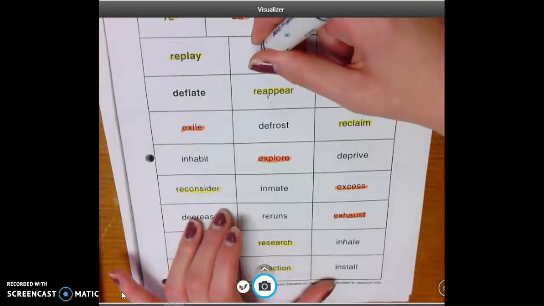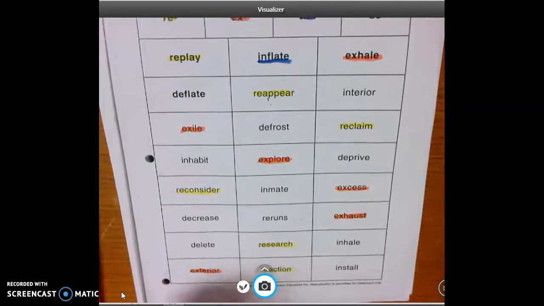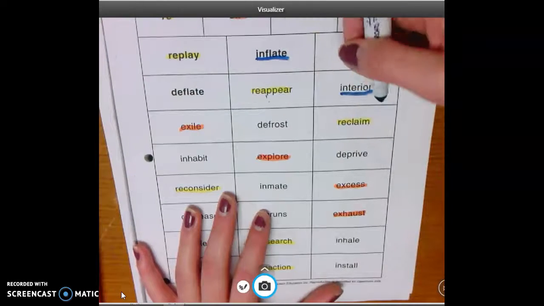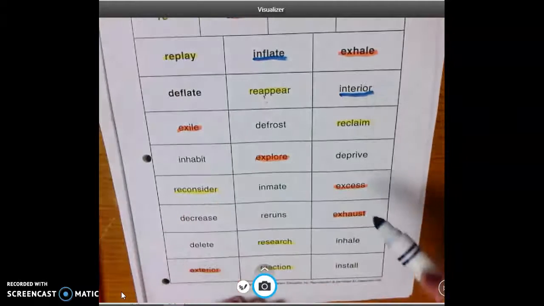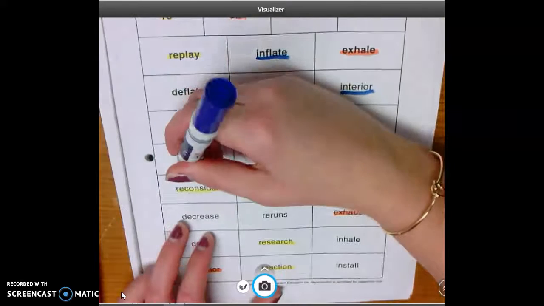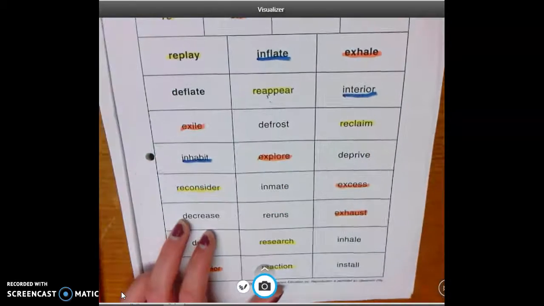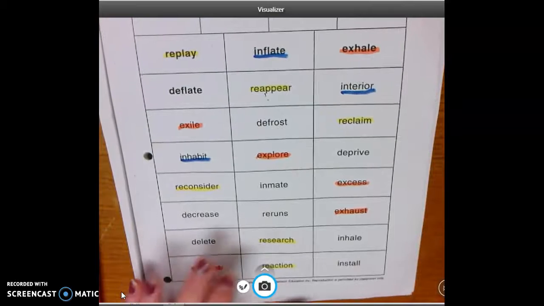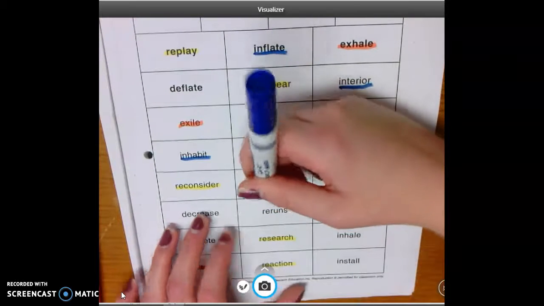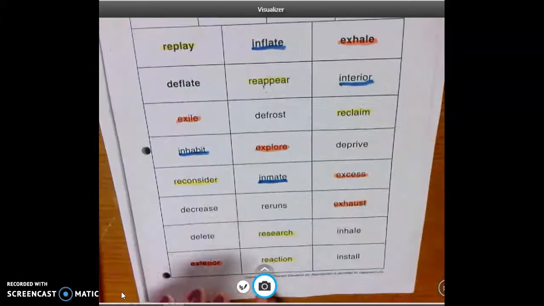So we have the word inflate, which means to blow air into something. Keyword in. Interior means the inside of something, the opposite of exterior. We have inhabit, which means to live in somewhere. We have inmate, which means a prisoner inside a prison.